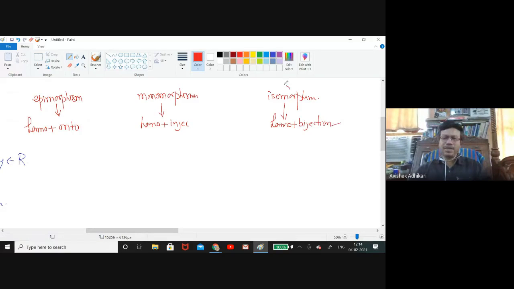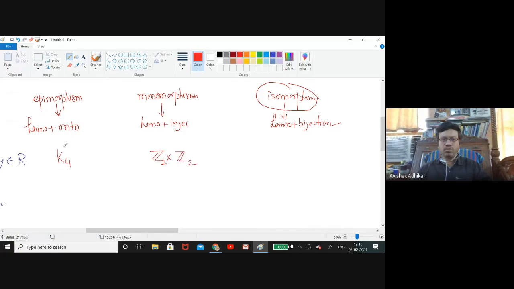So what does isomorphism mean? As I mentioned in my last class, algebraically a few things look different, but if you get into the algebraic structure of both, you may find them alike. For example, you all know K4 and you all know the group Z2 cross Z2.